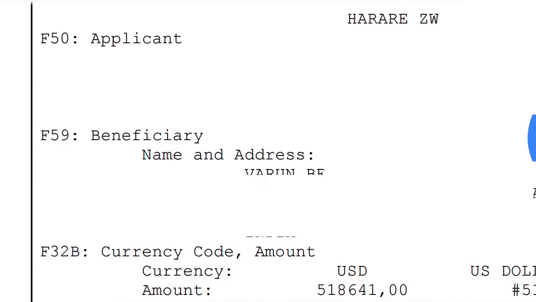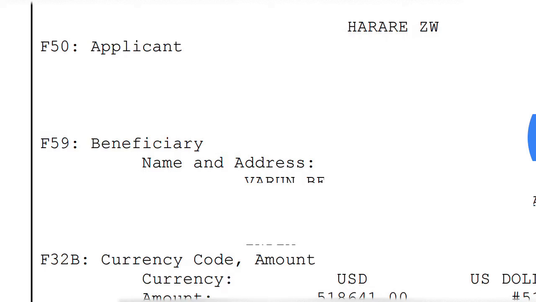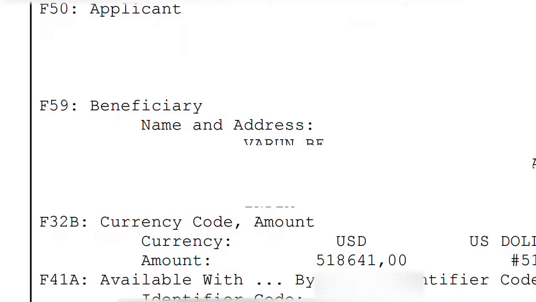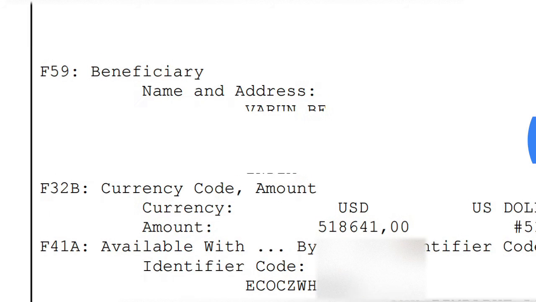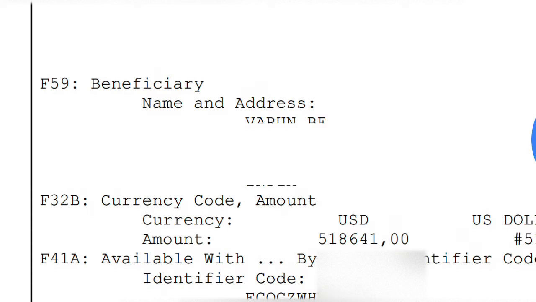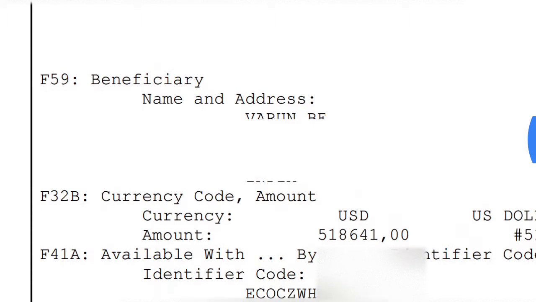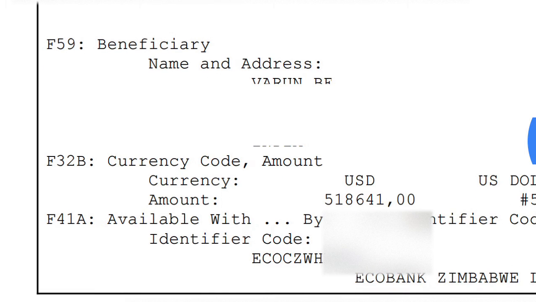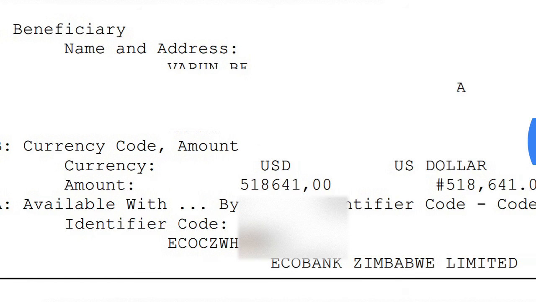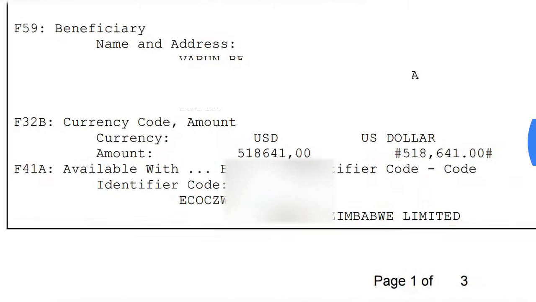If we go to 59, here is the beneficiary. Who is the beneficiary? In this case, the seller will be the beneficiary. The bank will pay into the seller's account after the goods are dispatched.